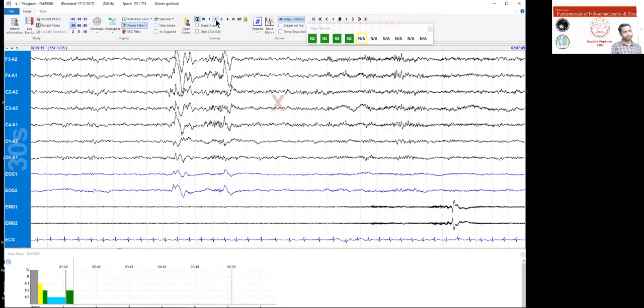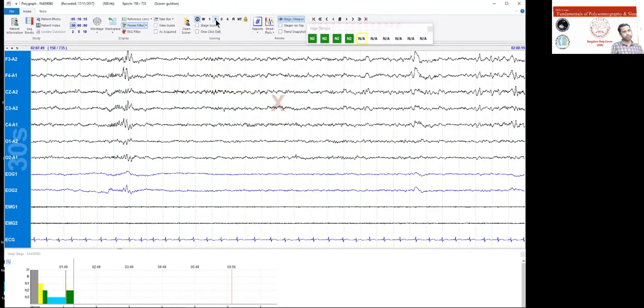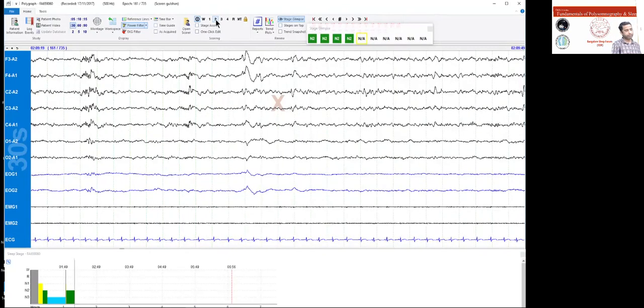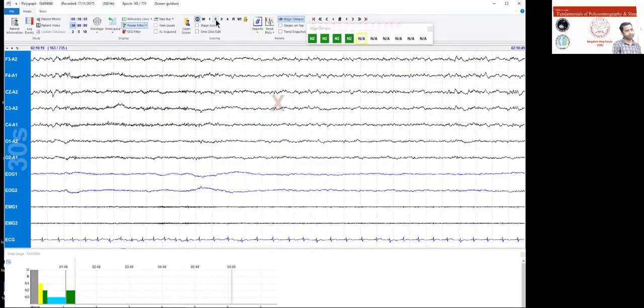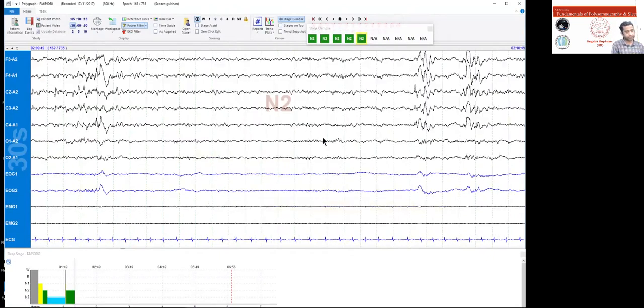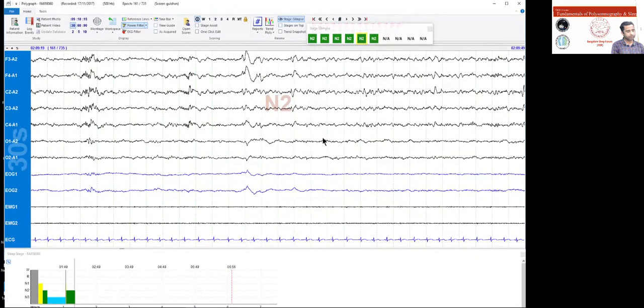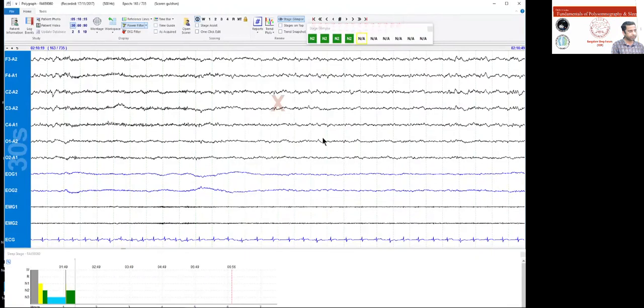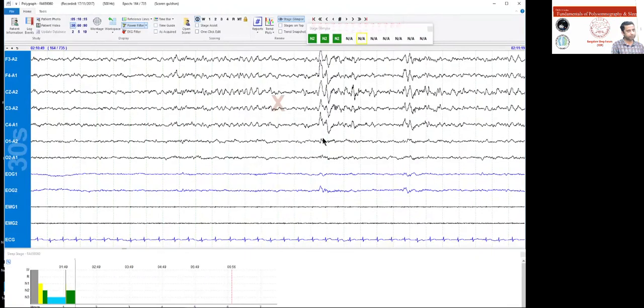And N2 because of the K complex. So here you can see the EMG is very low. In the following epochs, I think it is N2.